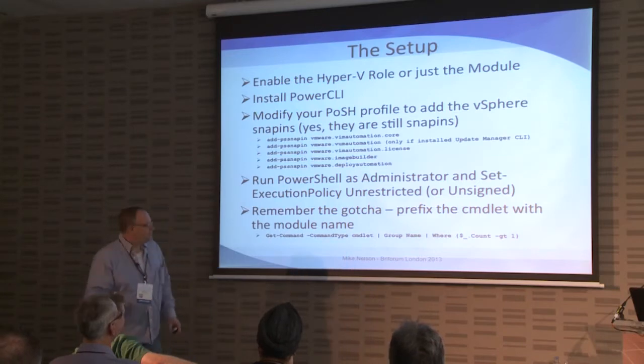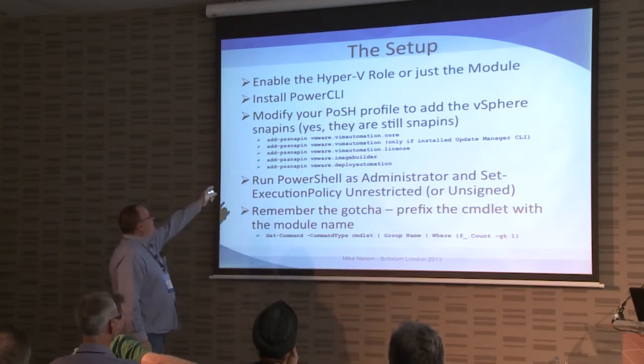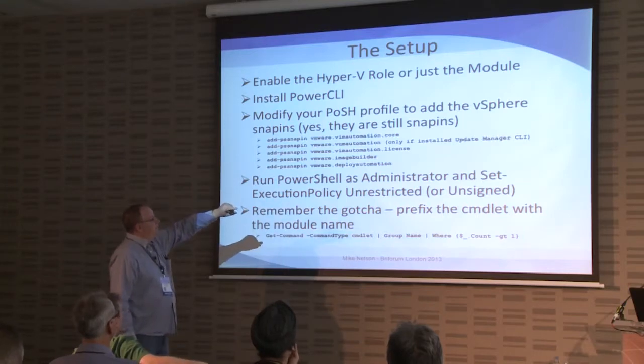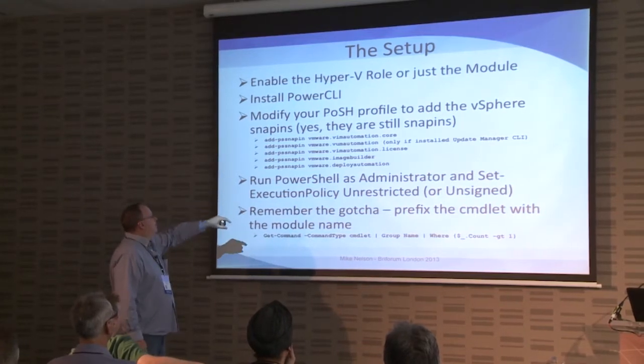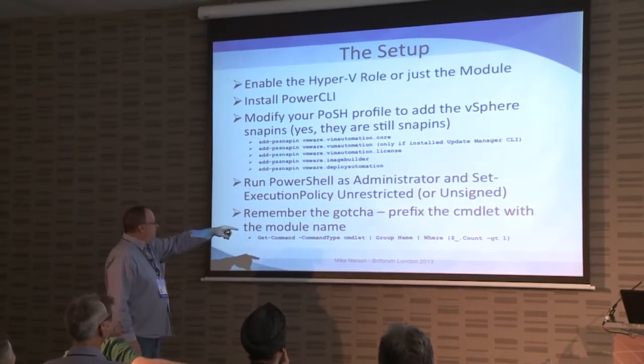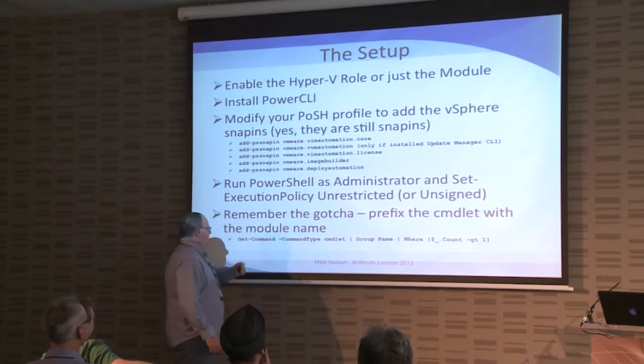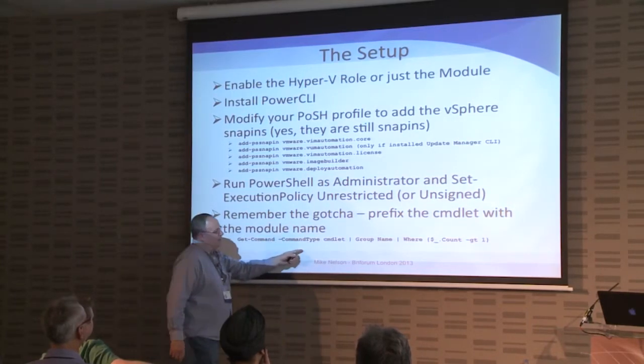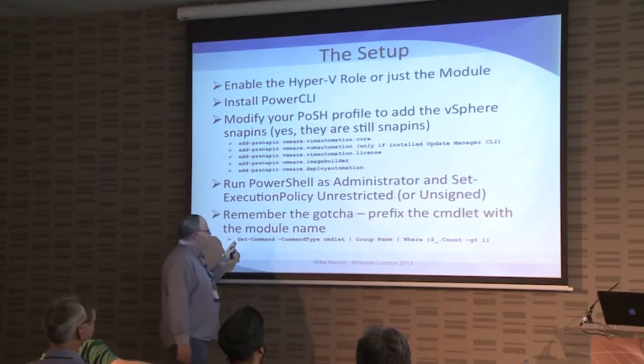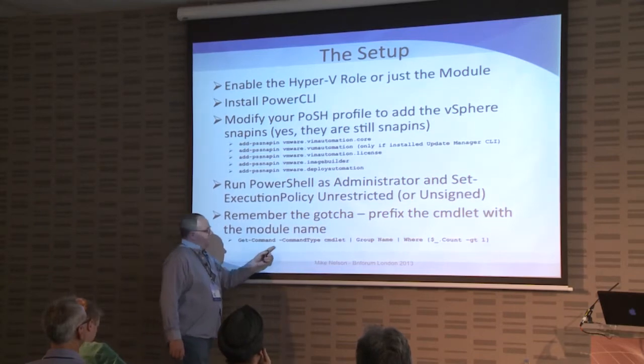Okay? So what you have to do is you enable the Hyper-V role, you install PowerCLI, modify your PowerShell profile, they add the snap-ins, then you run in PowerShell and set the execution policy, and then whenever you run commandlets, you have to prefix the commandlets with the module name. Okay? And to find out what the prefixes are, you run this command.